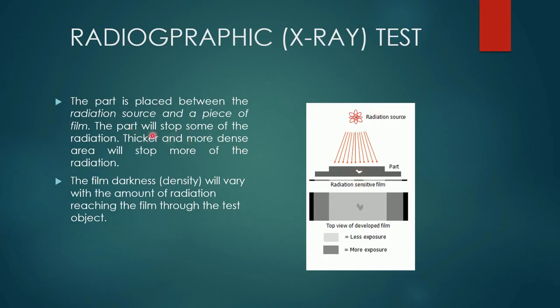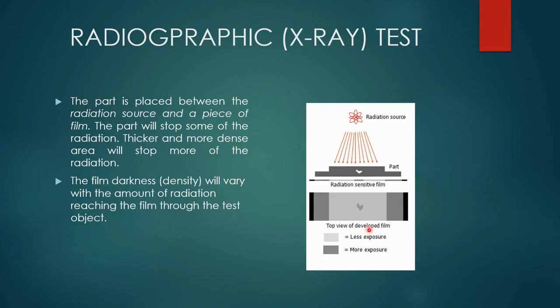The part will stop some of the radiation because the part is solid, so it will absorb some radiation. A thicker and denser area will stop more of the radiation. The thicker the path is, the more radiation will be absorbed.